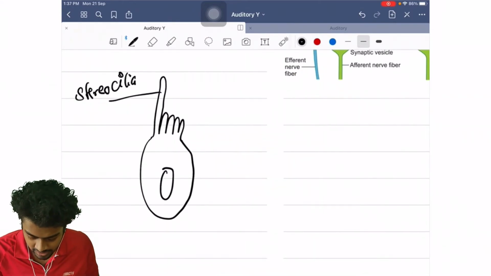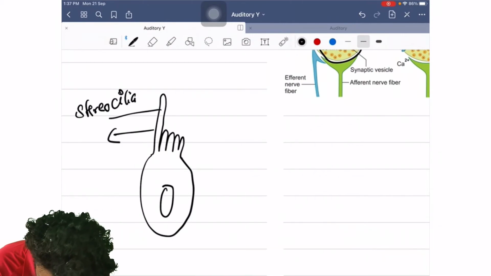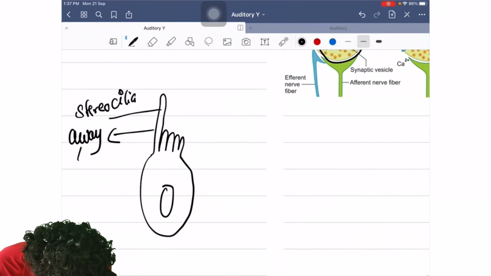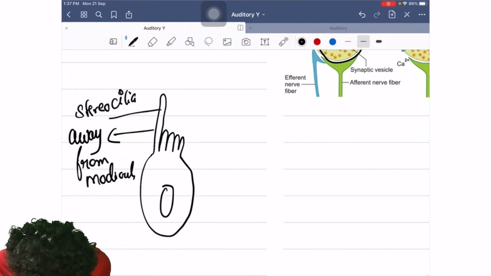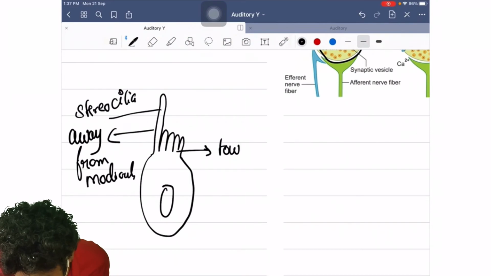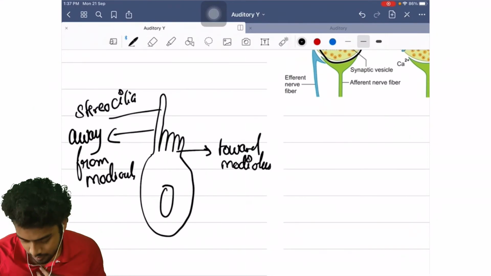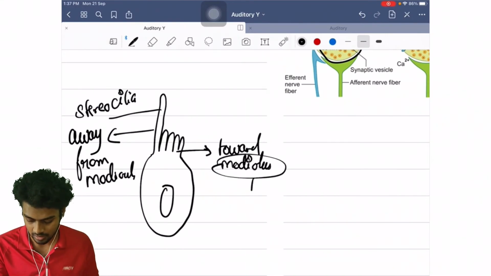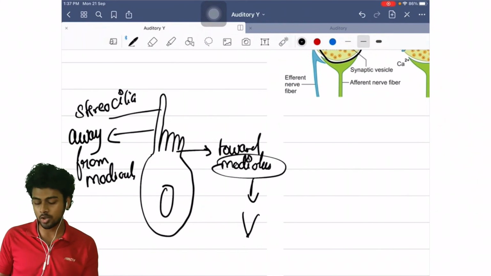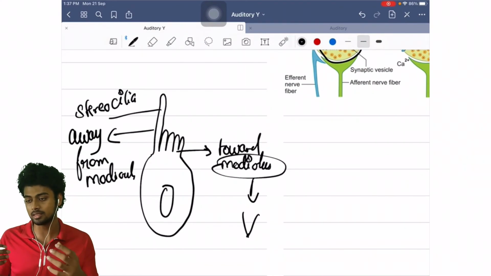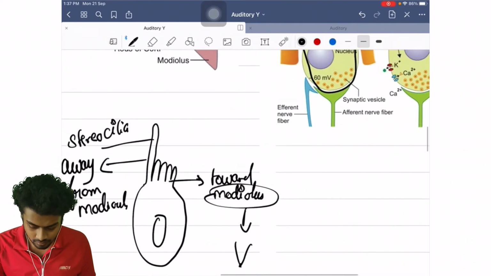One cilium is higher than the rest of the cilia, and it is facing away from the modiolus, and the shorter cilia are towards the modiolus. The modiolus is, as I mentioned before, a cone structure. The stereocilia towards the modiolus are the shorter ones, and the largest cilium is away from the modiolus.